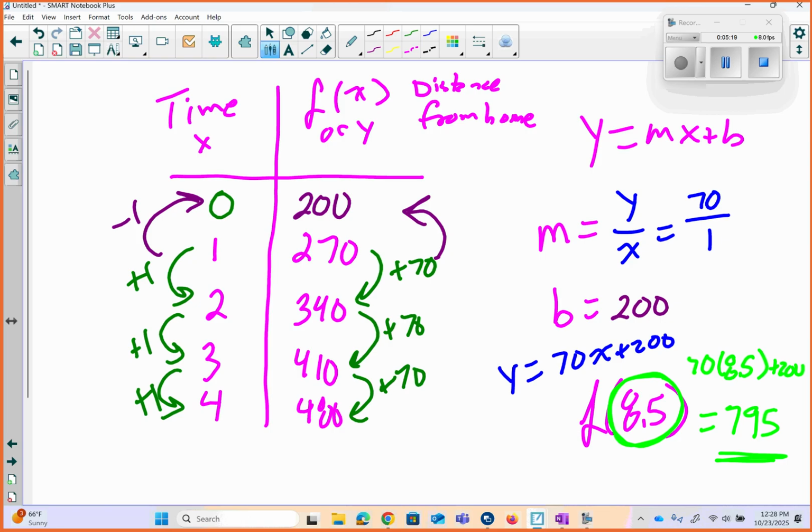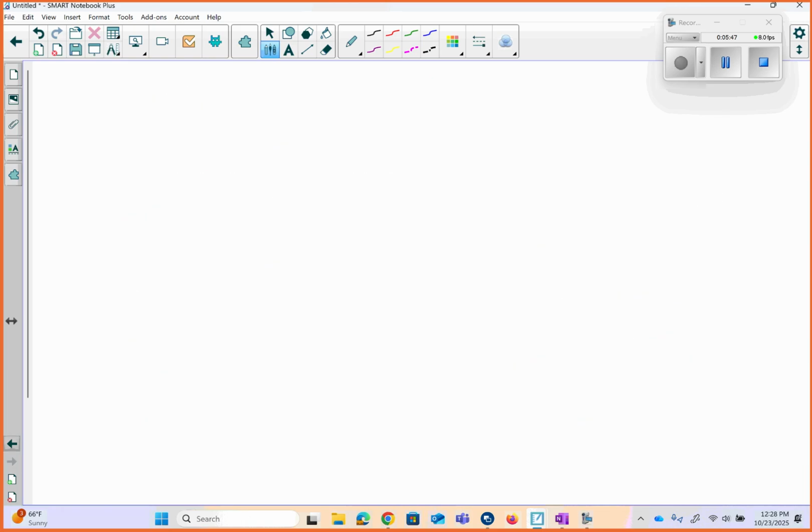So basically, 8.5 hours into this, I'm now 795 miles away from my home, where I started. I like it. Do you have everything written down for that one? Can I move to the next problem? All right, here we go.